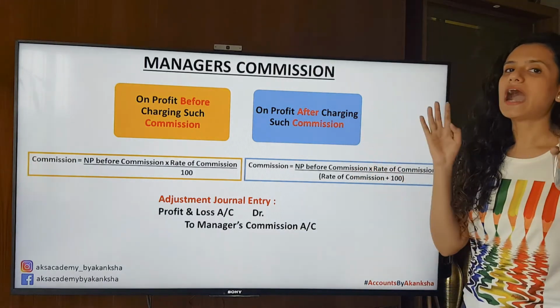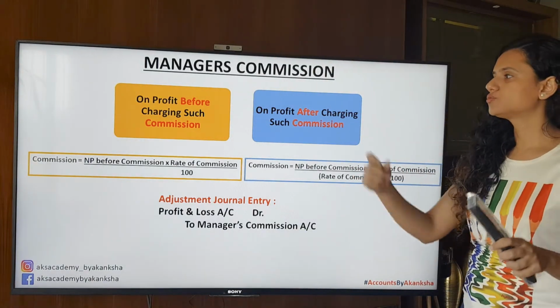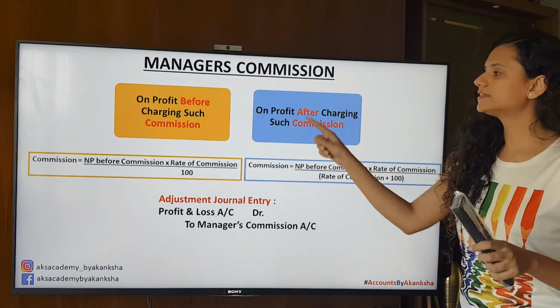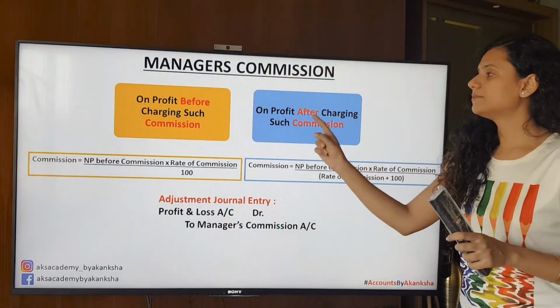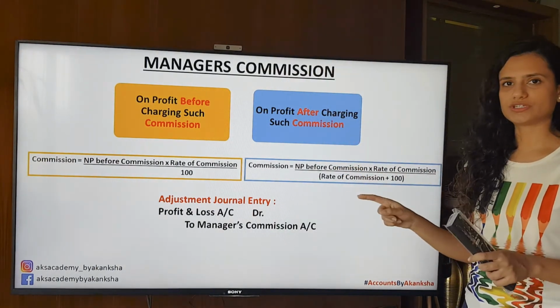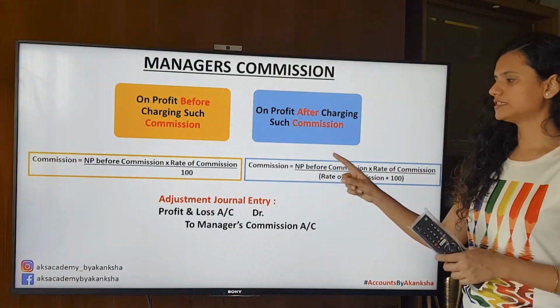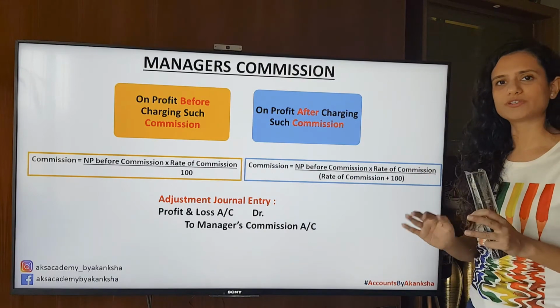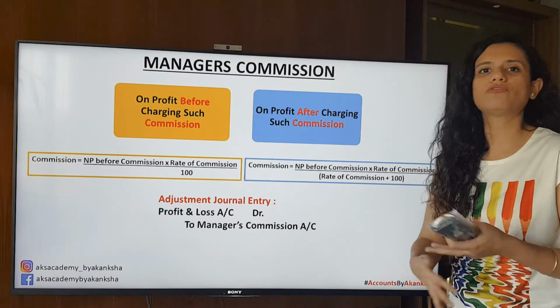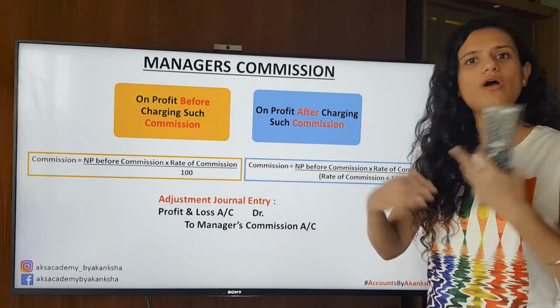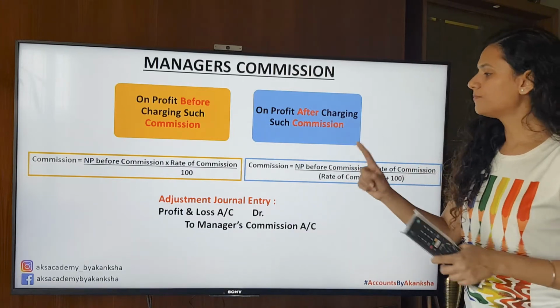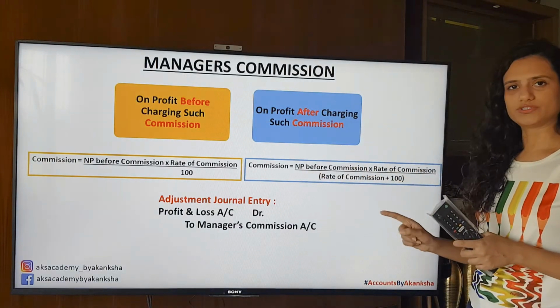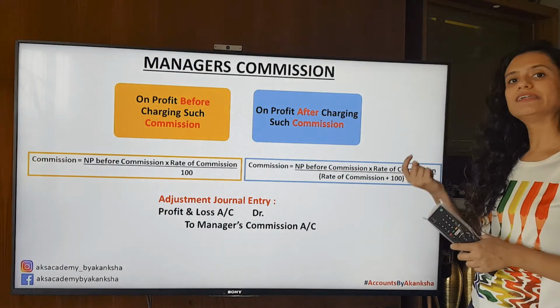What you need to actually pay attention to is on profit after charging such commission. So when I'm saying after charging such commission, what do I have to do? Commission is equal to, take the same thing, net profit before commission, because the net profit after commission is not available with us. When it is not there, we cannot take it. So take the net profit before commission multiplied by the rate of commission.